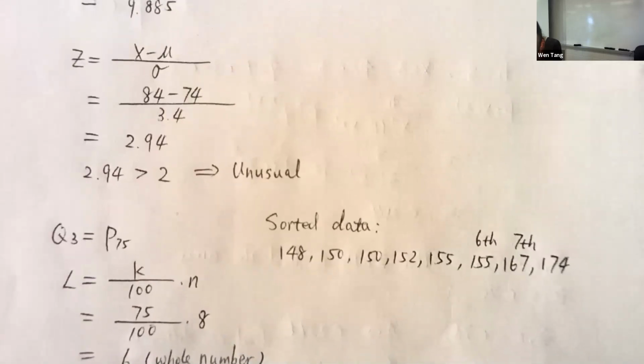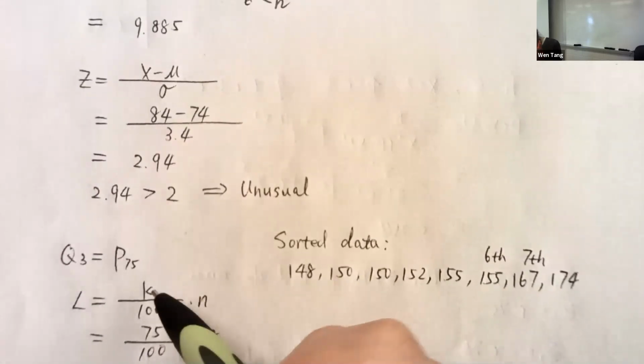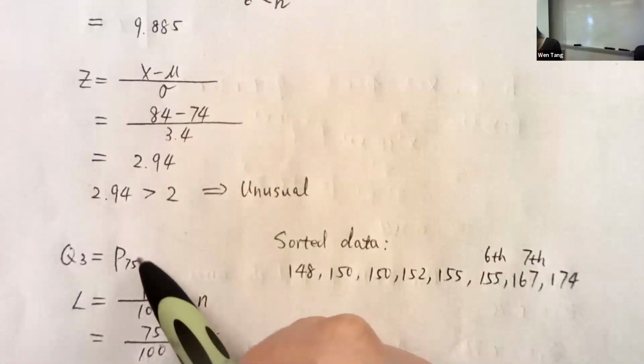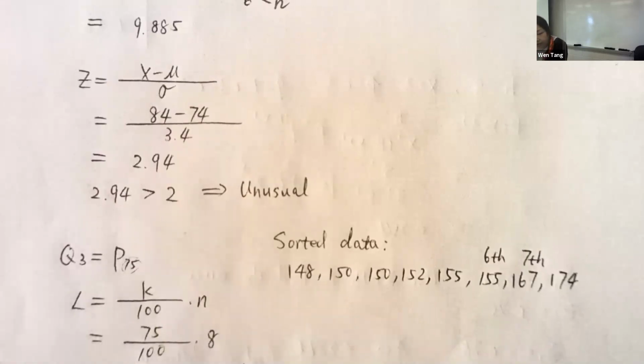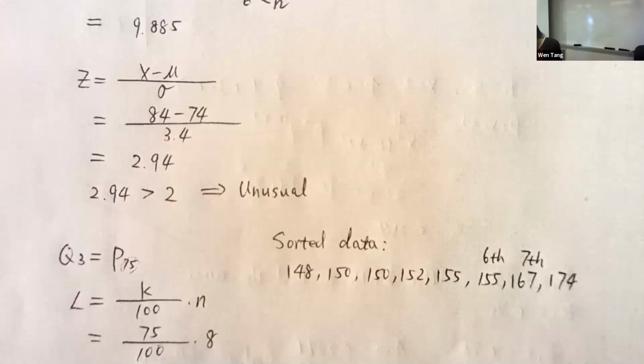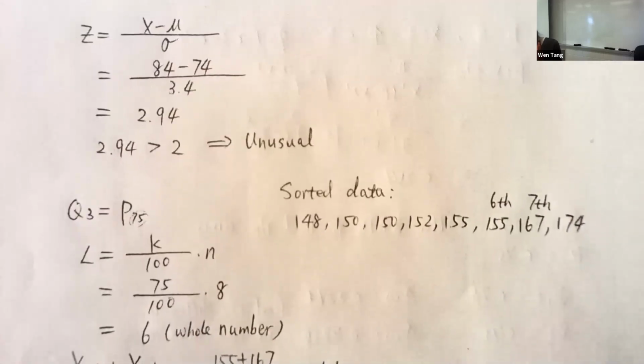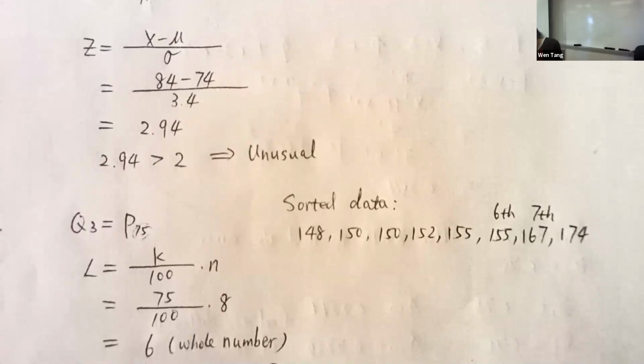Because we want to find the 75th percentile, the subscript is our k value, 75. So we put 75 over 100, then times n. n means how many values we have in total. In this case, we have 8 values, so we times 8, and we get L equal to 6.